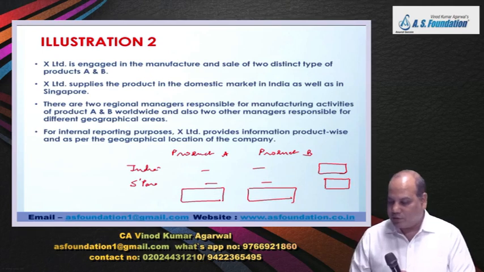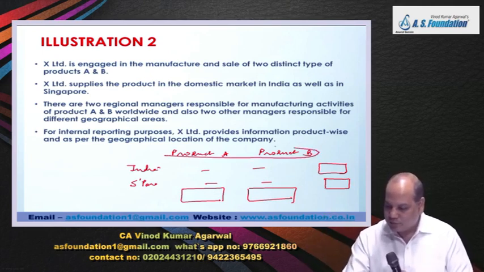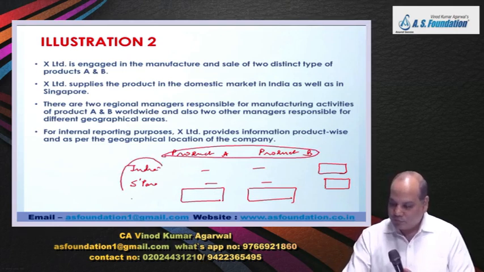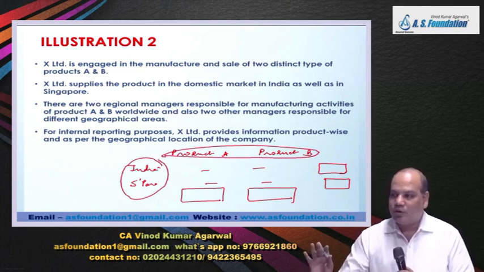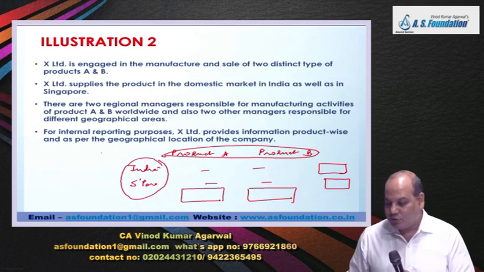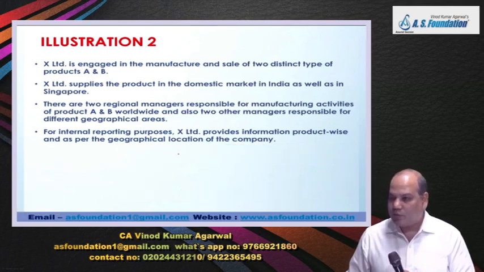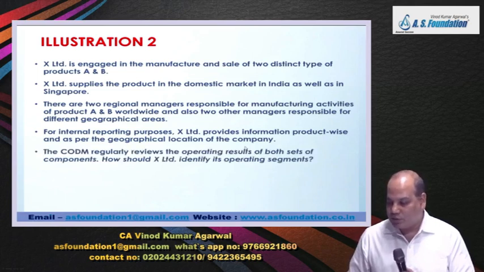But now this operating segment says you have to find out what is your operating segment. Is it product or is it location? And then you give the disclosures accordingly. For internal reporting purpose, X Limited provides information product wise and as per the geographical location of the company. CODM regularly reviews the operating results of both sets of components.